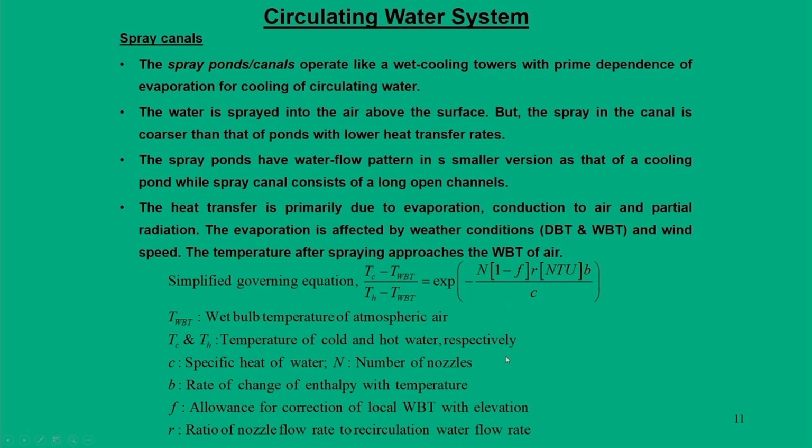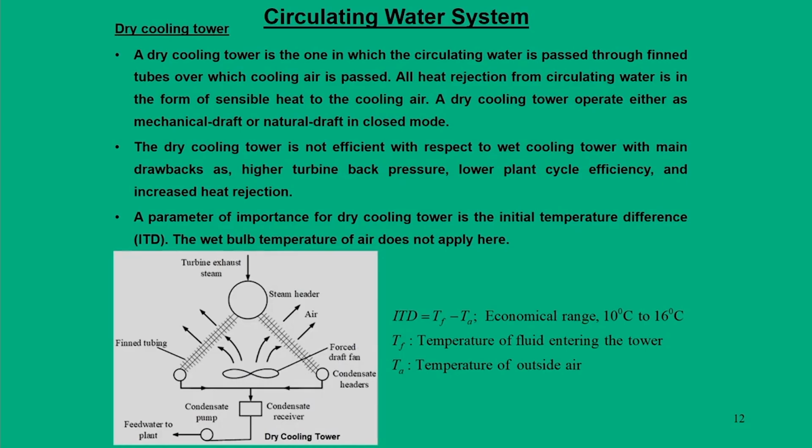This is just an introduction, because all modern steam power systems normally do not use these old concepts of spray canals or artificial ponds. We normally choose the direct method of using circulating water systems through cooling towers. There are two types of cooling towers: dry cooling towers and wet cooling towers. The first is the dry cooling tower, shown in this schematic.